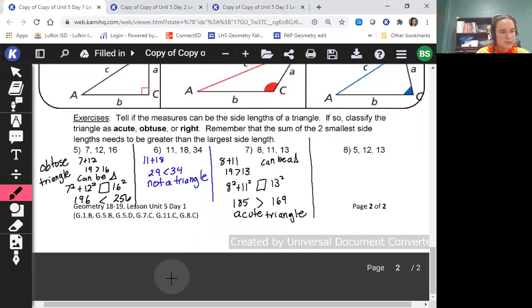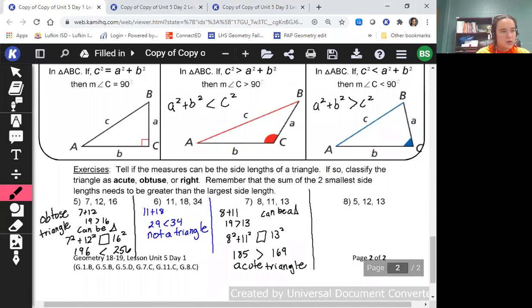And our last one, again, add our two smallest. 5 plus 12 is 17, and 17 is greater than 13. So this can be a triangle. Then we can do 5 squared plus 12 squared.